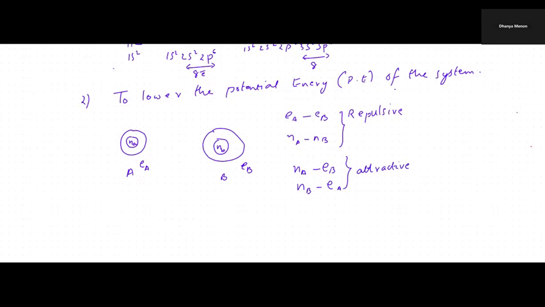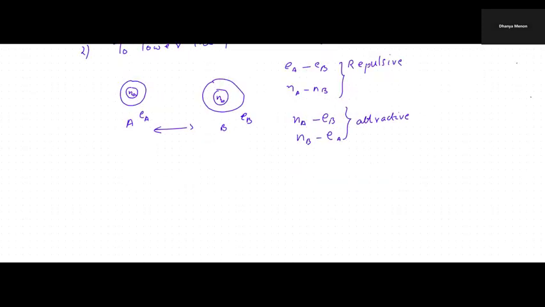Now, if these two atoms, A and B, come closer to each other, there can be attractive forces between the nucleus of A and the electrons of B, nucleus of B and the electrons of A. And when they reach an optimum distance, the attractive forces are increasing.